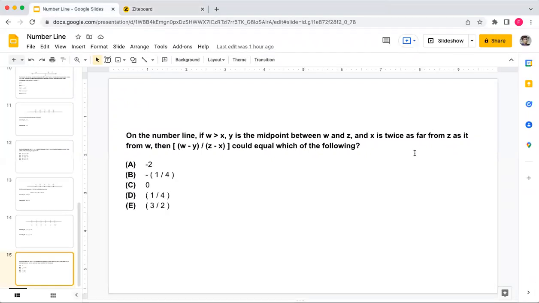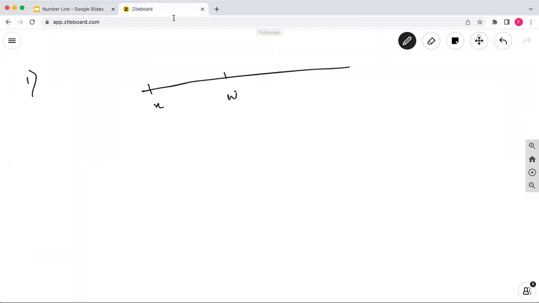The distance between X and Z is twice the distance between X and W. So if I consider Z here, whatever distance is between here will be half of the distance between here. If I consider this as 2A, this will be 4A.